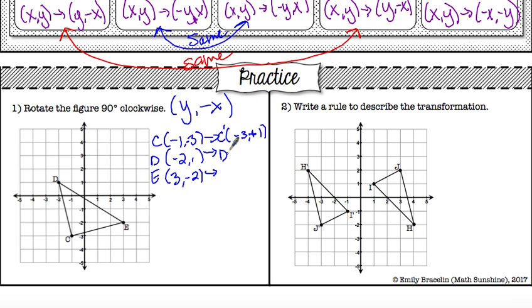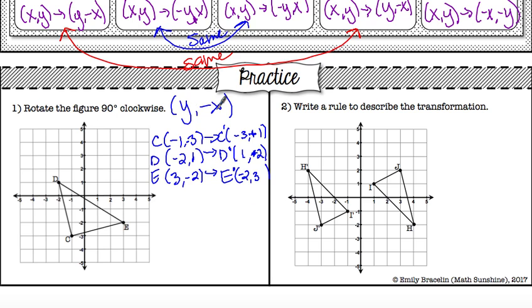Same thing for D prime. D is -2, 1. D prime, swap those and make it 1, -2. The value that was originally x was -2. It is now +2. And then E. Switch these, make it -2, 3.